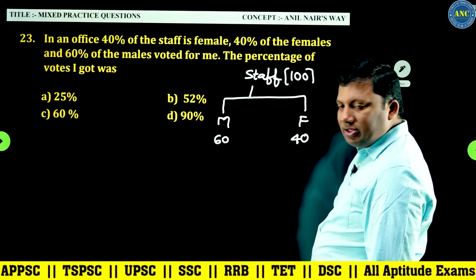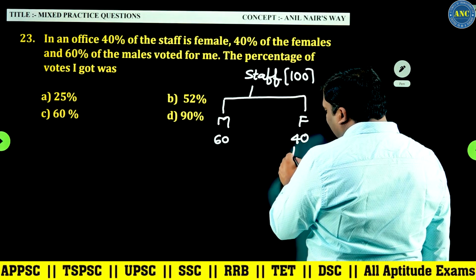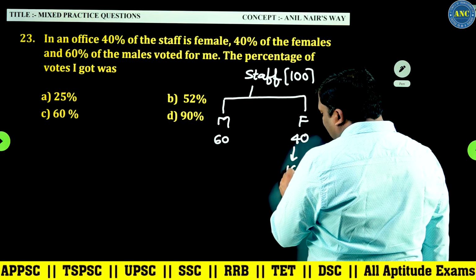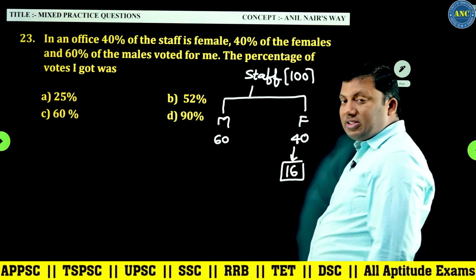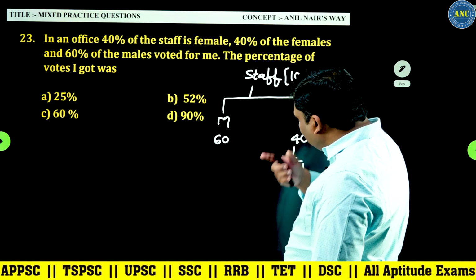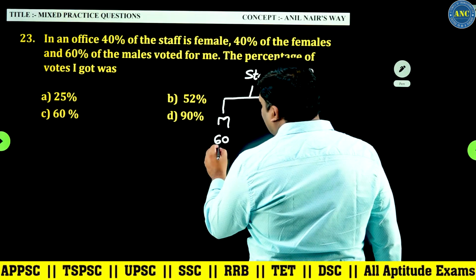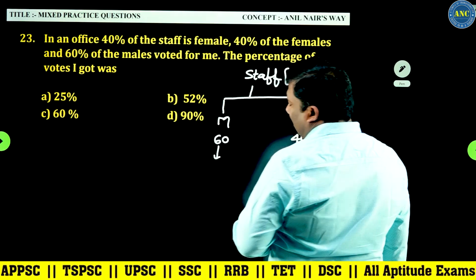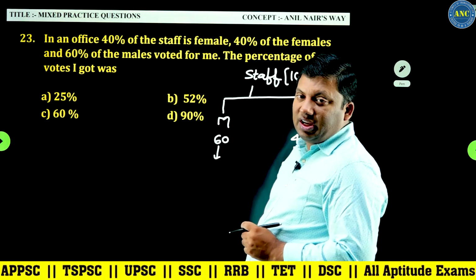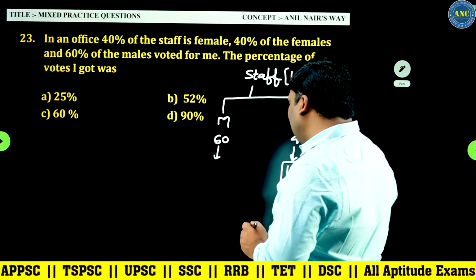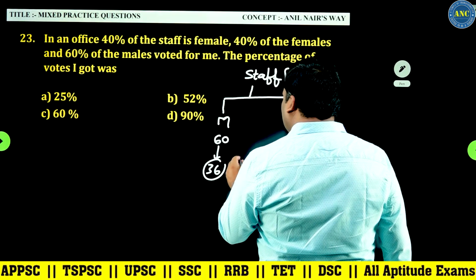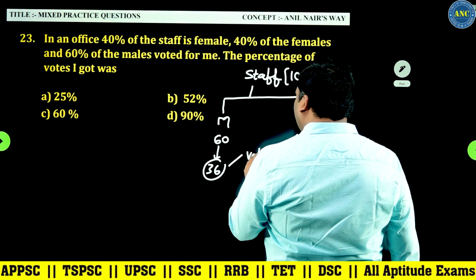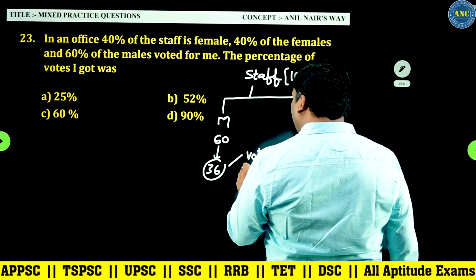40% of the females: 40% of 40 is 10% it is 4, 40% it is 16. And 60% of the males: 10% of 60 is 6, 60% is 36. Here 36 votes and here 16 votes.